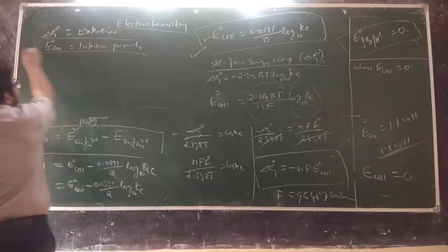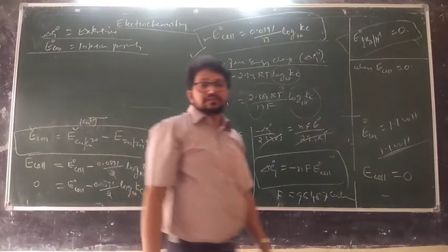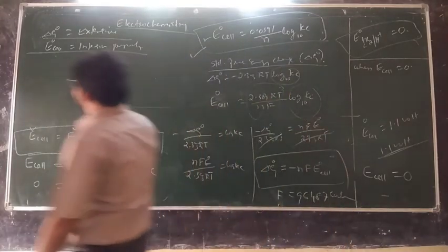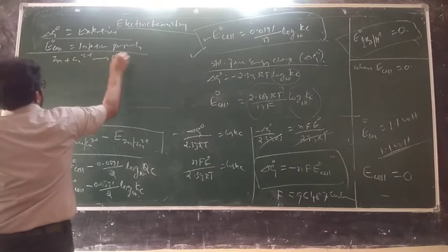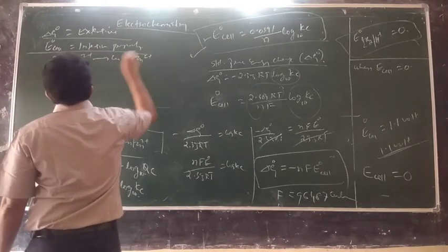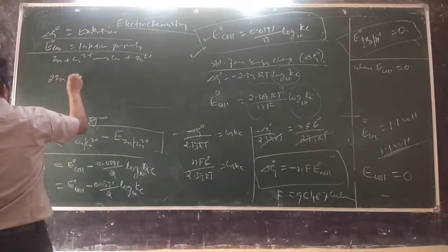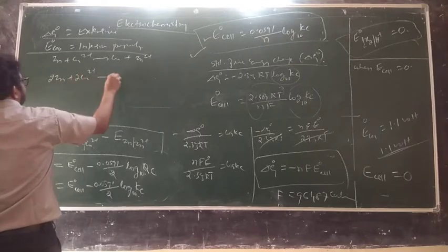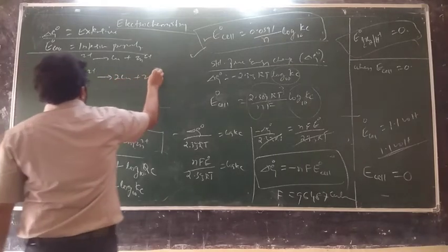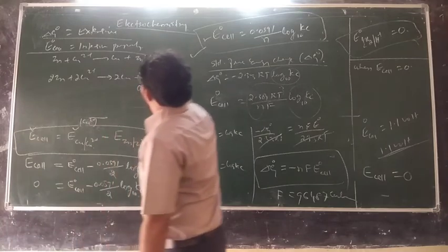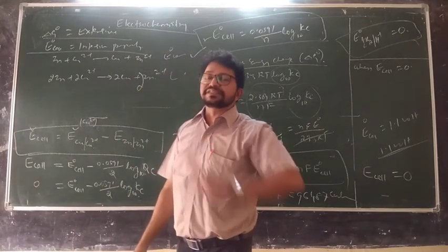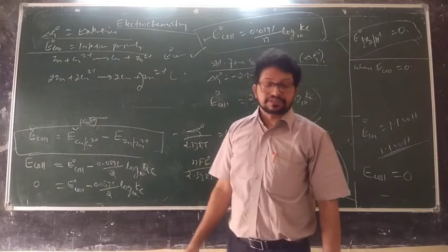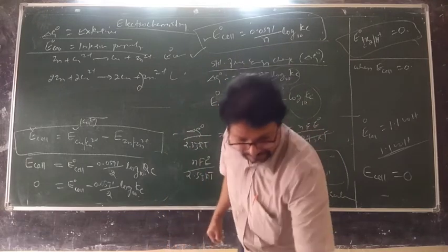I am telling like this: Zn plus Cu2+ giving Cu plus Zn2+, and 2Zn plus 2Cu2+ giving 2Cu plus 2Zn2+. E naught of the cell is the same, but delta G naught is different. So delta G naught is stoichiometry dependent.